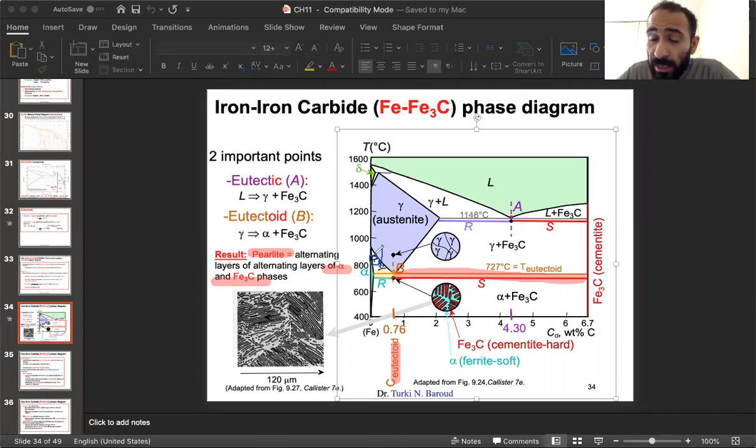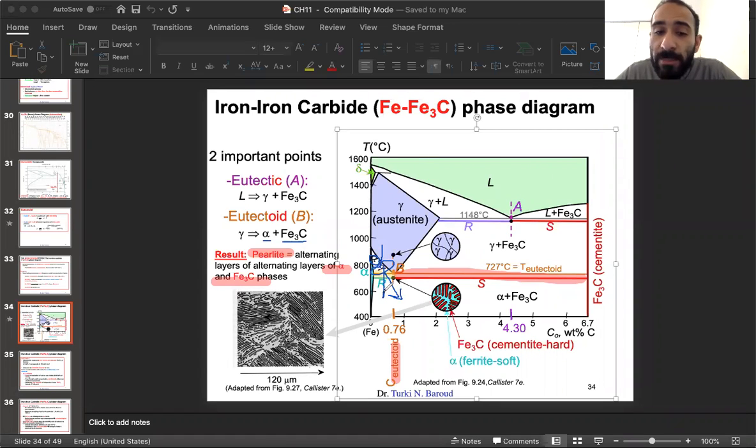And if you keep cooling down, the remaining gamma, the raw material, is not stable below the eutectoid temperature. So if you cool down below the eutectoid temperature, any gamma that's left can transform to alpha plus cementite. So if you are here, what's going to happen?